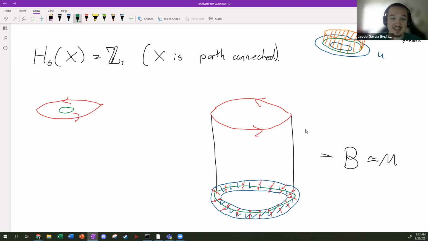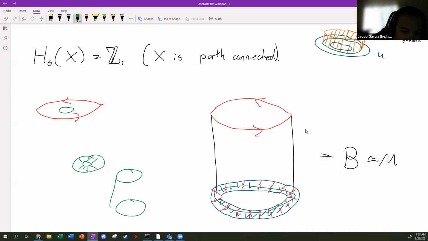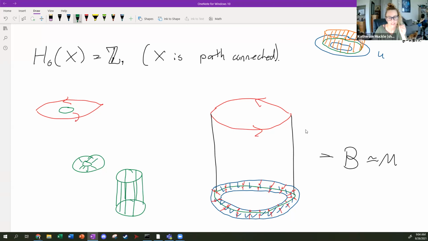Right, so if I just have a normal annulus, this goes like this, and I pull at the bottom circle, then I get just a cylinder with neither the top or the bottom filled in.